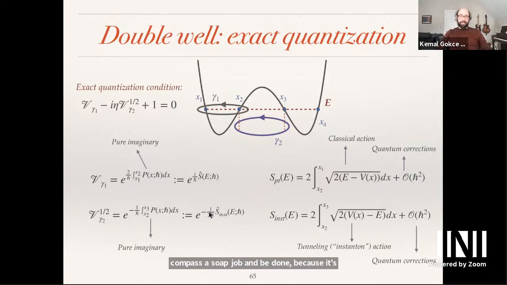Okay. And I have a factor of 1/2 here, which picks out half of this action. I will call this an instanton action, or this is associated with tunneling. Okay, and this half will be important, but you can view this as the instanton action and quantum corrections.